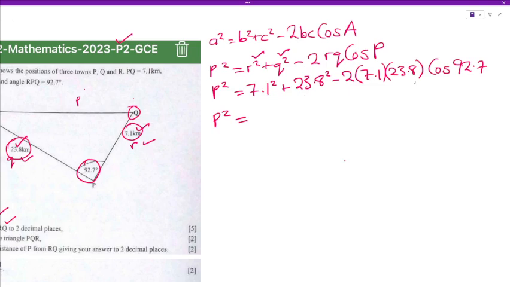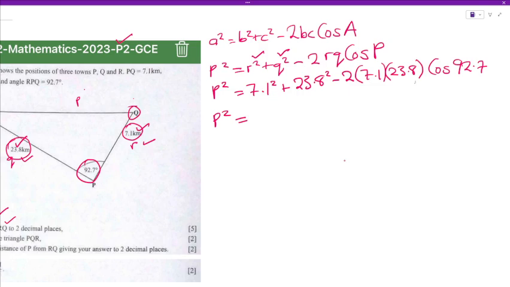So we are going to say 7.1 squared plus 23.8 squared minus 2, open bracket, 7.1, close bracket, open bracket, 23.8, close bracket, cos 92.7.